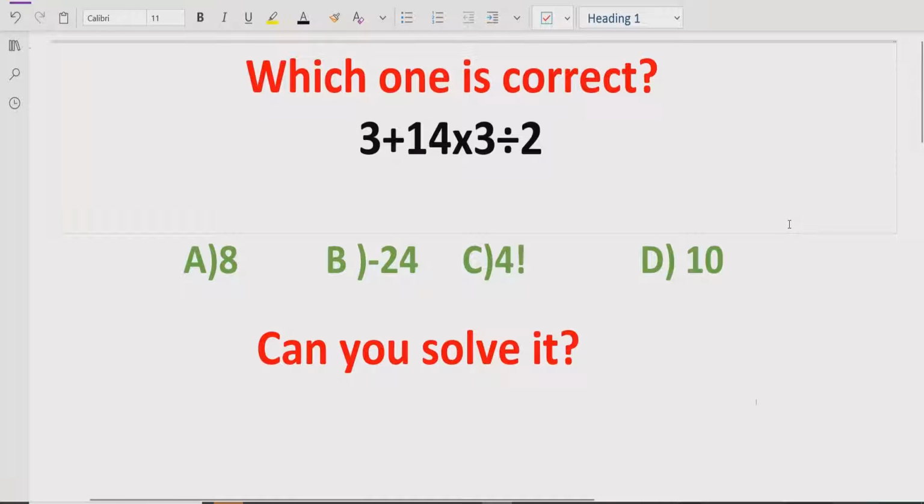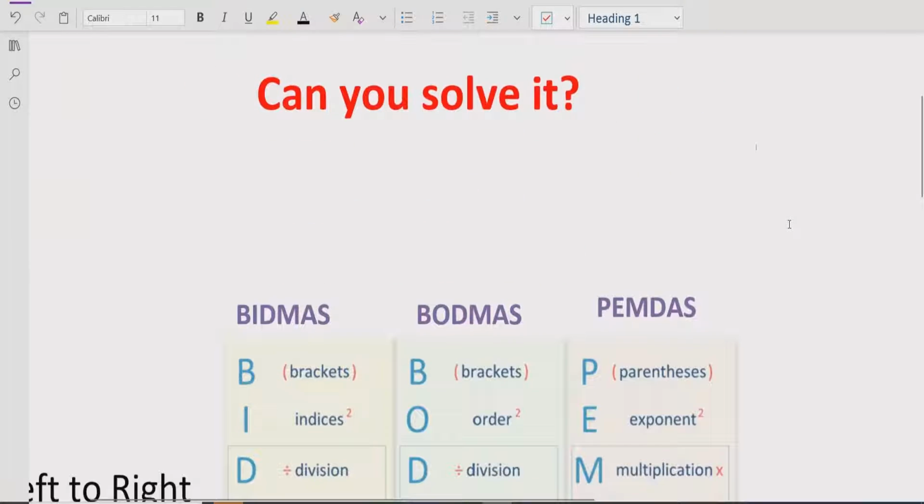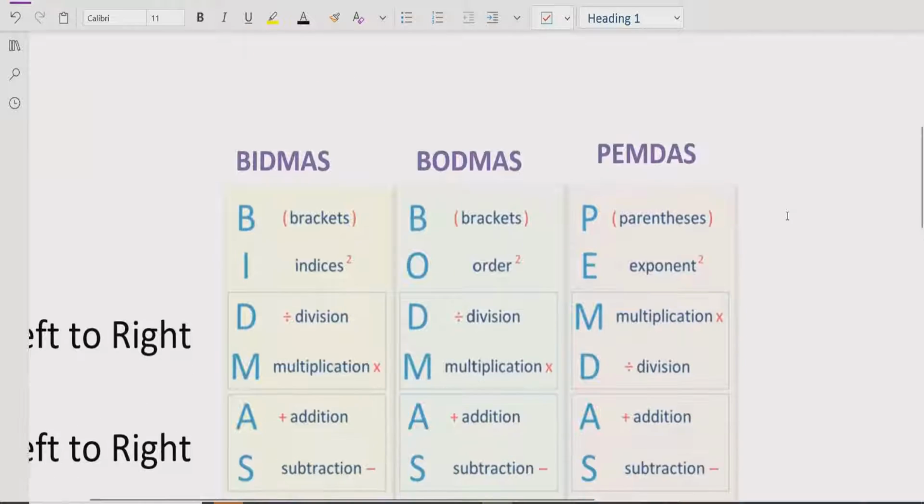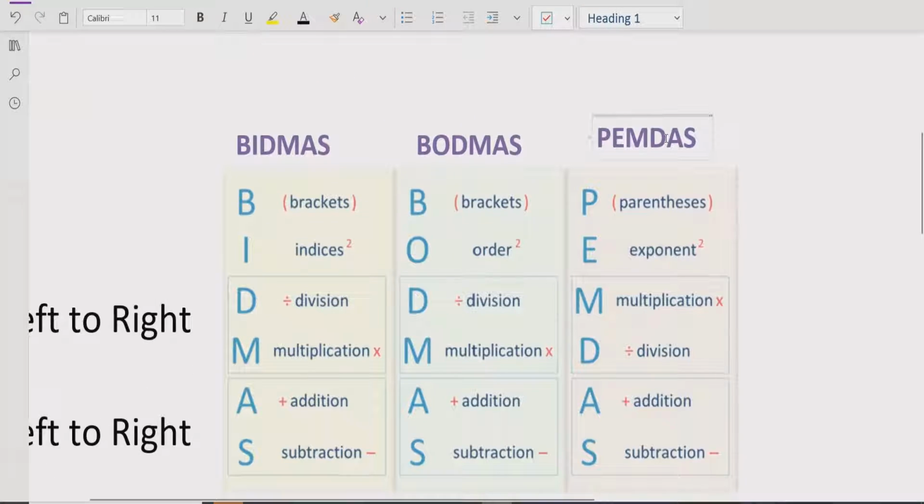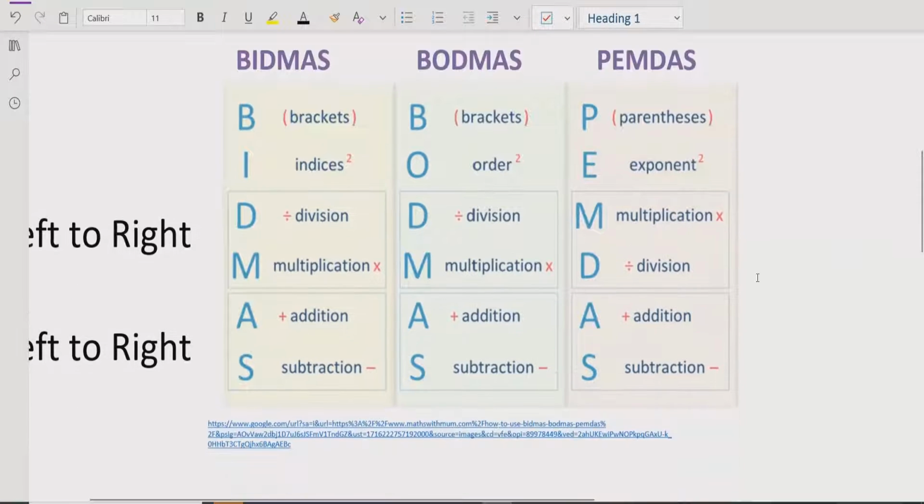Now let's recall what PEMDAS and BODMAS or BIDMAS are. Basically they are similar, but it usually depends on which region you are using them in. So as you can see on the screen, if you have an arithmetic expression which contains the basic operations, you have to follow this rule so that you can get the correct result.